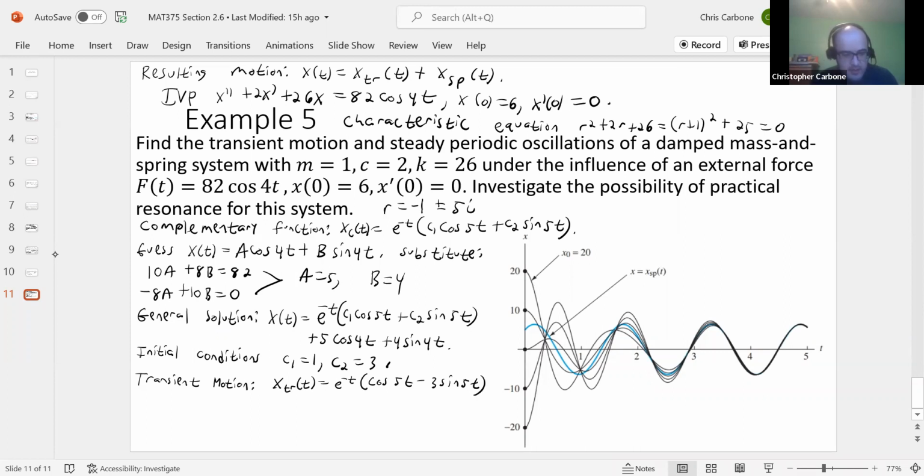That steady periodic oscillation x sub sp of t is 5 times the cosine of 4t plus 4 times the sine of 4t.